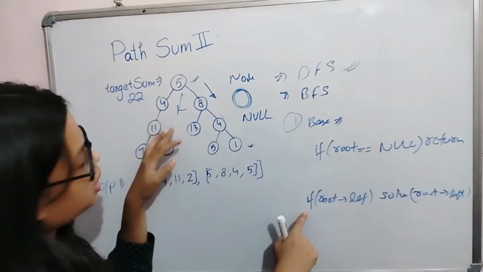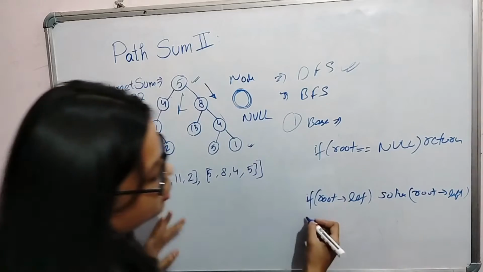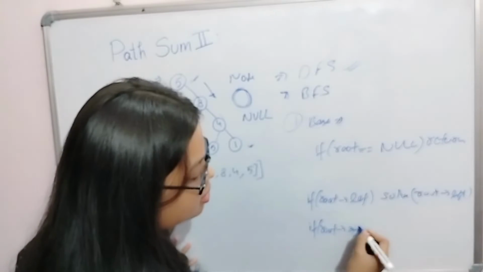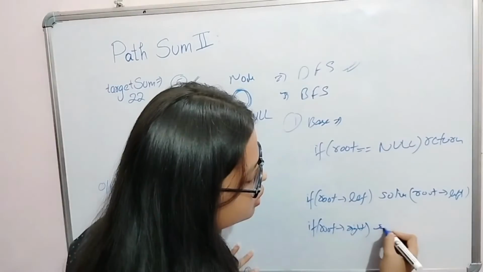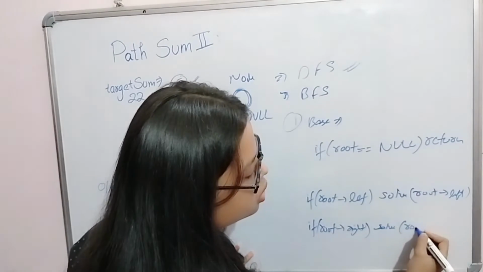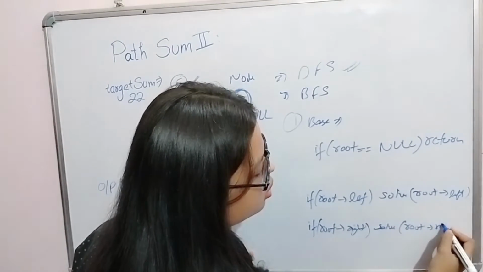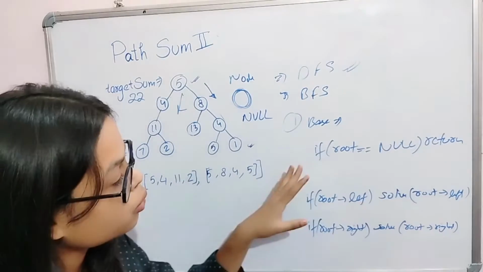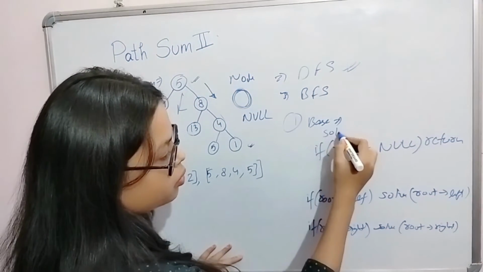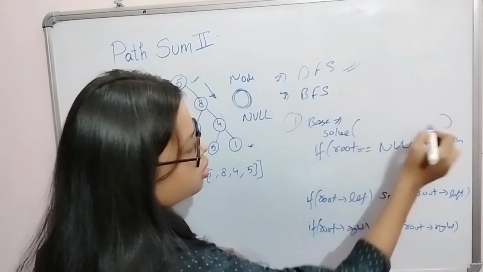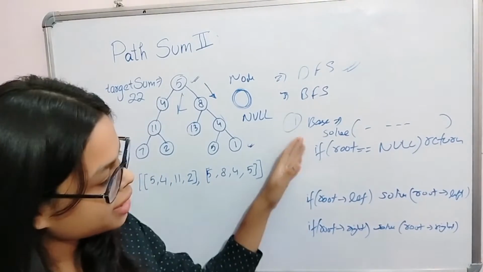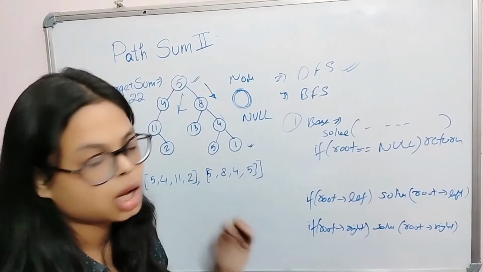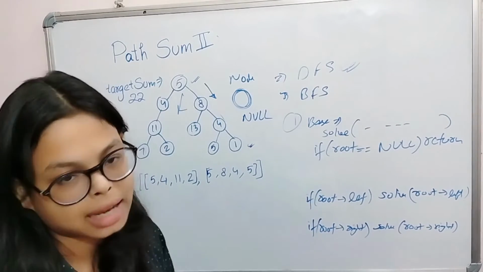Then after traversing the left side, we go to the right side: if root right exists, we solve root right. So the structure of our solve function is done. We just have to fill in the blanks.